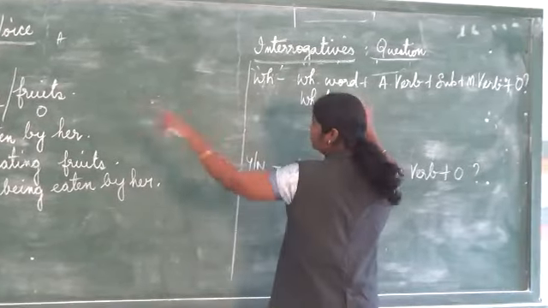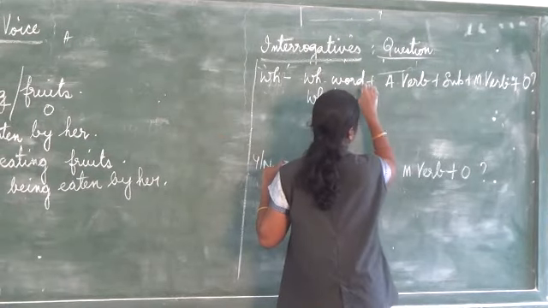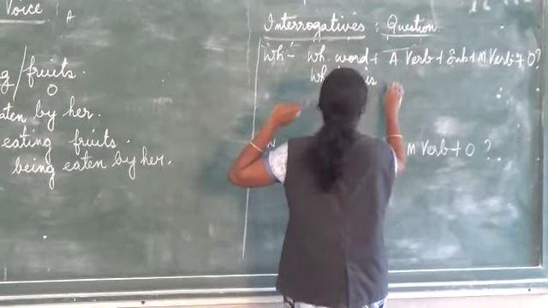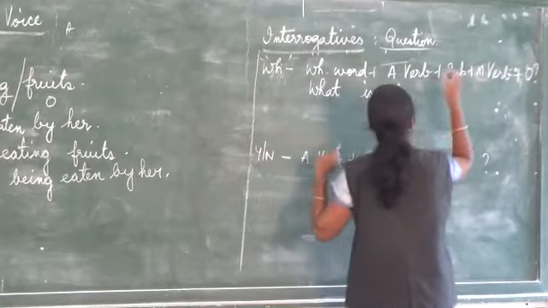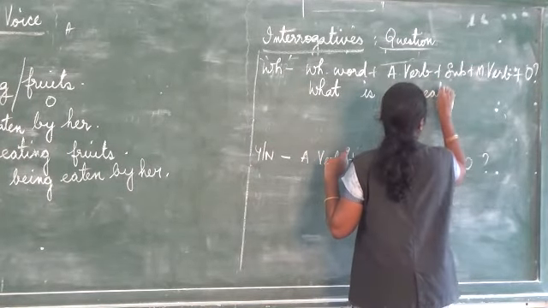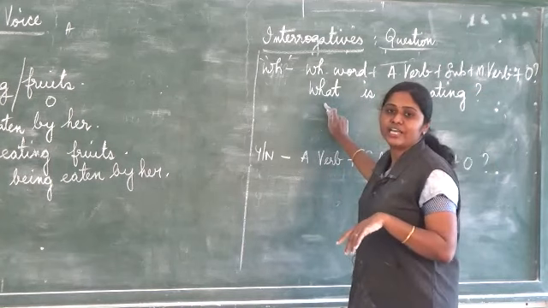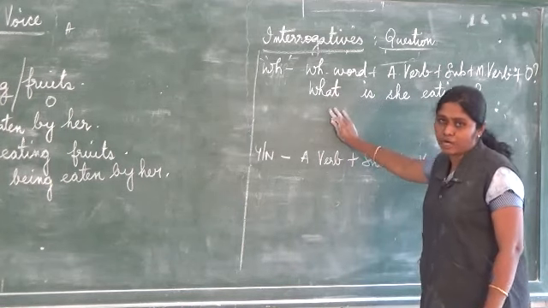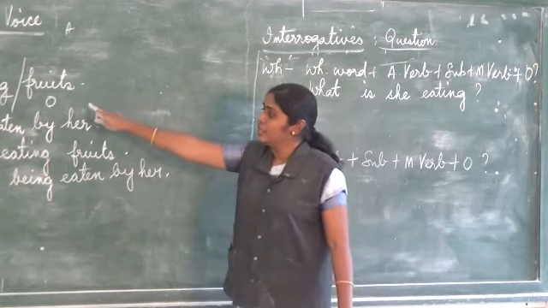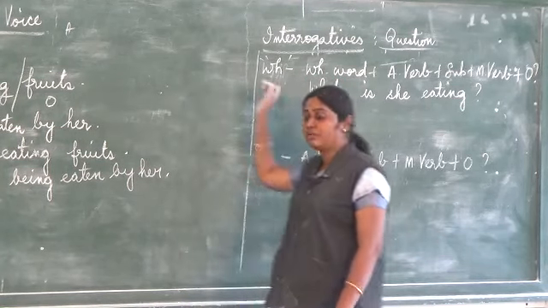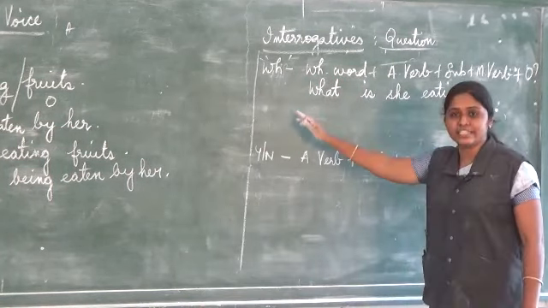Then the auxiliary verb that is given, is. Then the subject is she. Then the main verb eating. Now instead of the object we have used the WH word what, and we know the object is fruits. What is she eating? She is eating fruits.